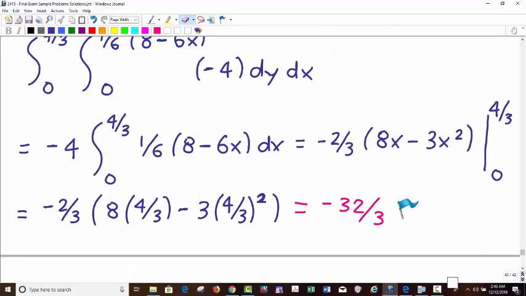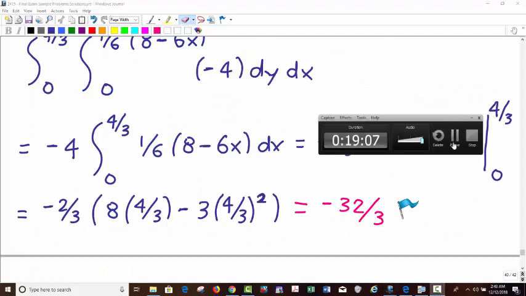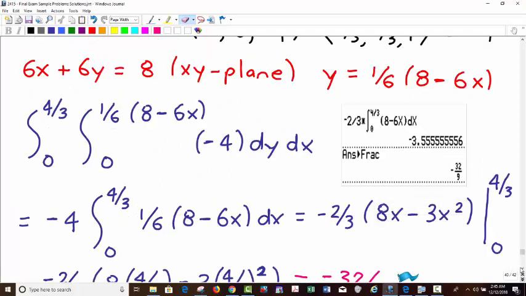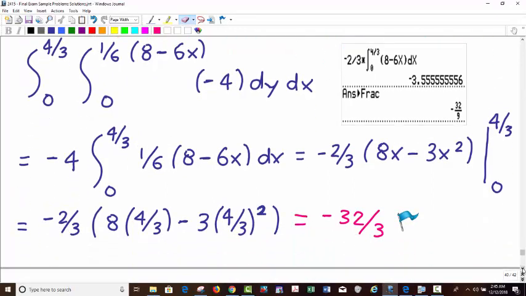Let's see. Okay, I paused the video for a minute because it wasn't matching the answer. So I put it in the calculator just to verify, and I don't know if I had some sort of brain fart here, and I don't know why I wrote 3 unless there's something wrong. I didn't check this part, but I can go back and check that later and see if there's a mistake.